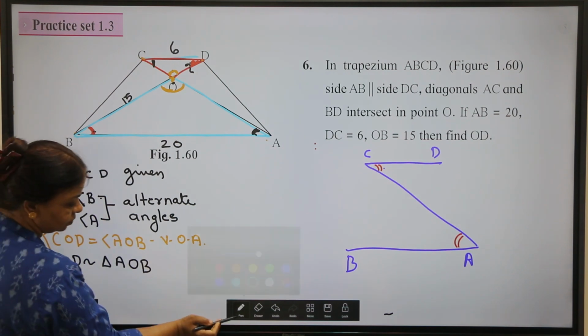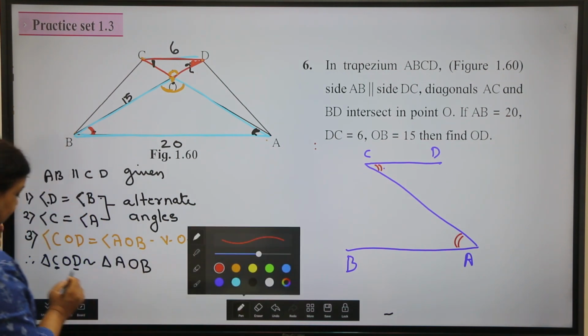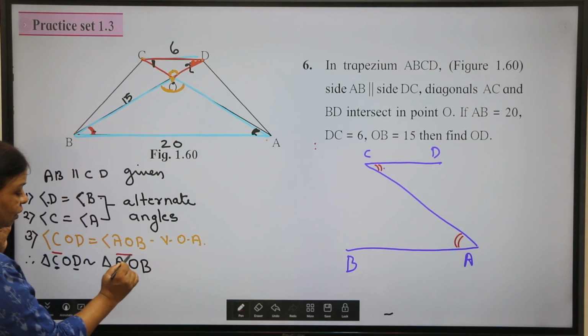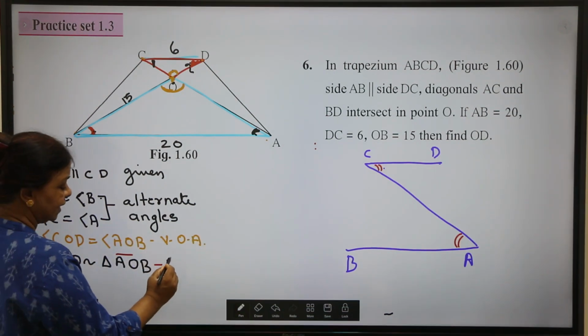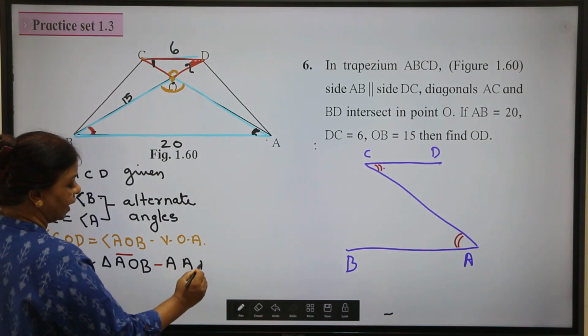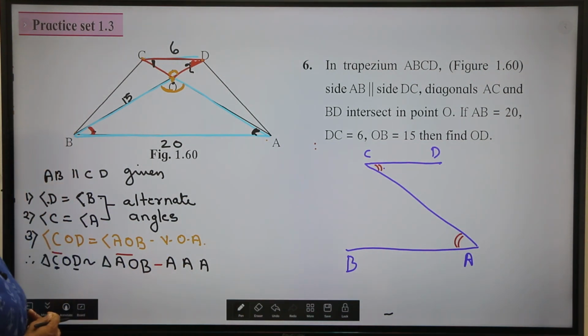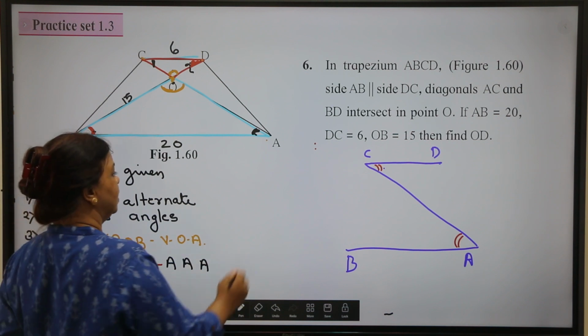So now, triangle COD is similar to triangle AOB by angle, angle, angle test. Now we will be writing the corresponding sides ratio.